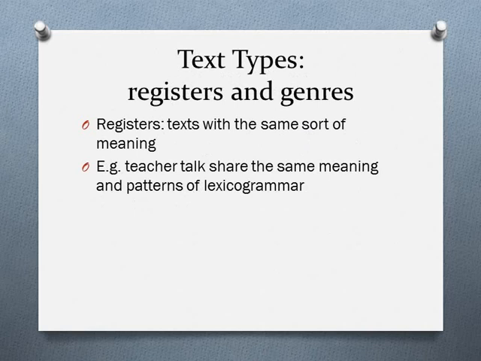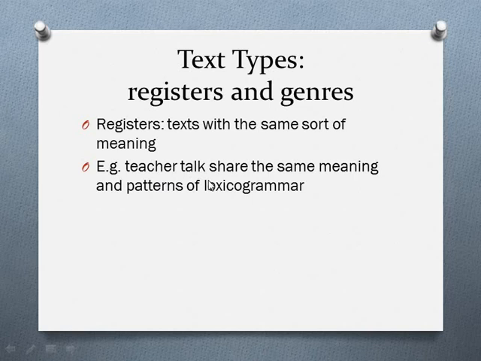There are two kinds of text types, registers and genres. Registers are texts with the same sort of meaning. Like when a teacher talks in a classroom, from one teacher to another teacher, from one classroom to another, they usually use similar words and similar patterns.